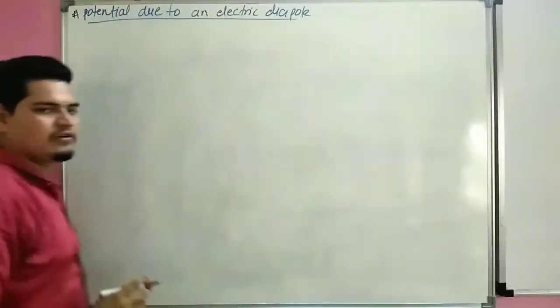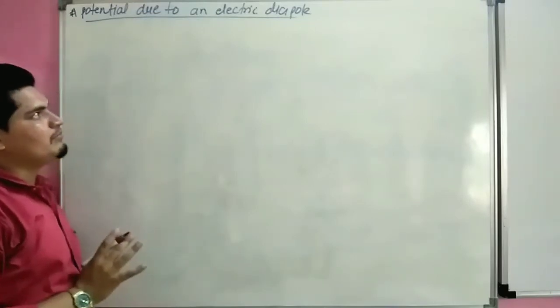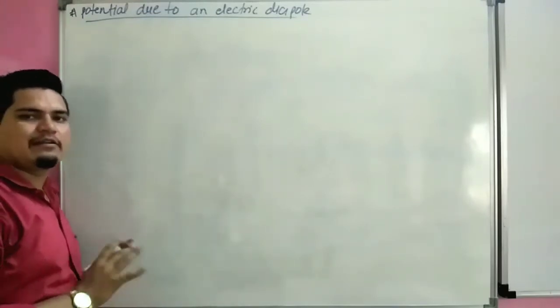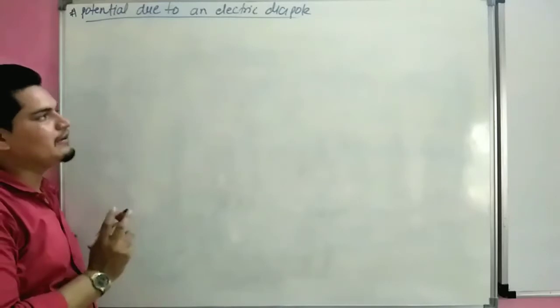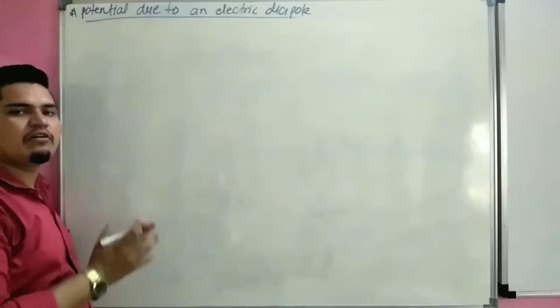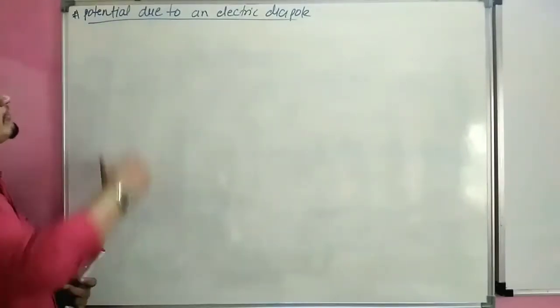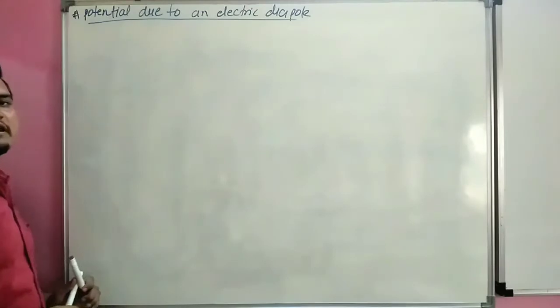What is an electric dipole? We already studied it in the previous video, because we already calculated electric field due to an electric dipole in the first chapter. Now we have to calculate potential due to an electric dipole.